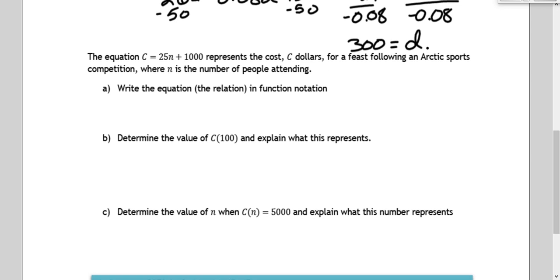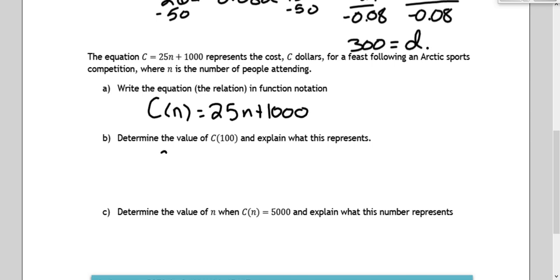Okay, let's do another one. The equation C is equal to 25N plus 1,000 represents the cost, C dollars, for a feast following an Arctic sports competition where N is the number of people attending. In function notation, C of N is equal to 25N plus 1,000.